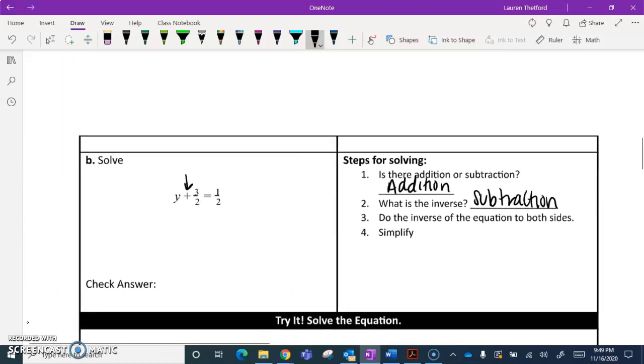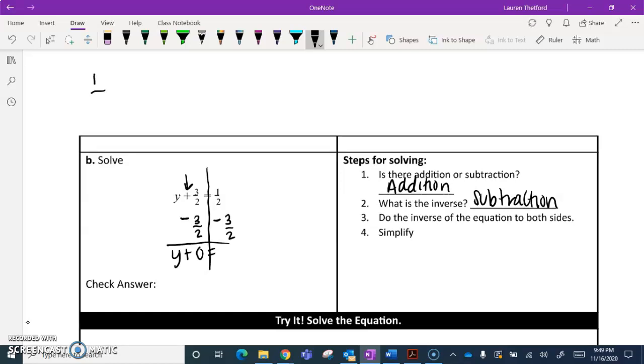So now we're going to do the inverse of the equation to both sides. We draw our line, and we are subtracting 3/2. So 3/2 minus 3/2 gives us 0. And I have y plus 0 equals. And now whatever I do to this side of the equation, I have to do to the other side. So I subtract 3/2 from the other side of the equation.